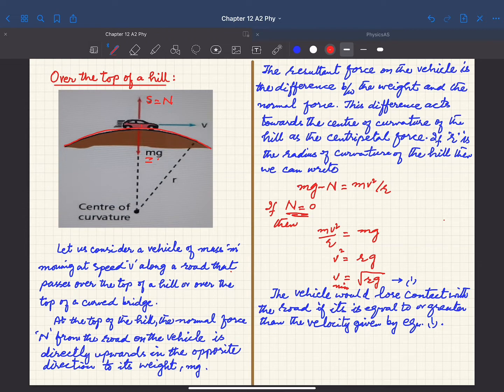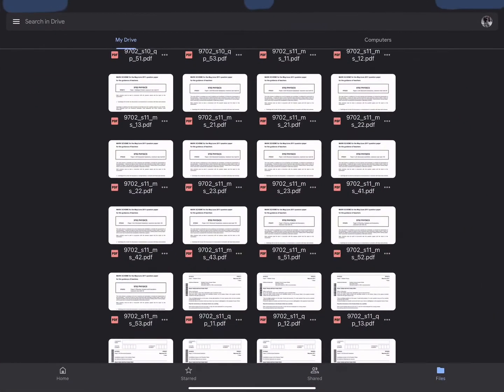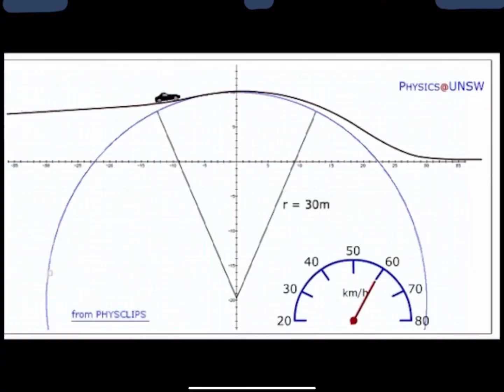But if the velocity increases, what will happen? You can say that the body will not remain on the track and it will leave the track. Here I just want to show you one sort of animation, which shows what is happening. In this case, the speed is 60 kilometers per hour.